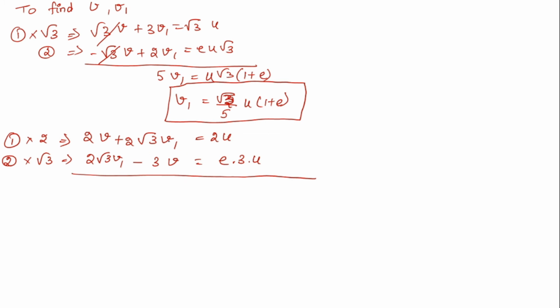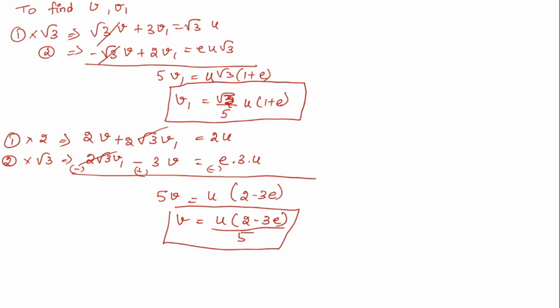To cancel out the 2 root 3 v1, we just change the sign, so these two terms will get cancelled. You'll get 5v is equal to, u is common, and the remaining term is 2 minus 3e. So v is equal to u into (2 minus 3e) divided by 5.